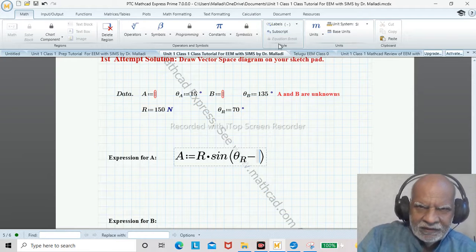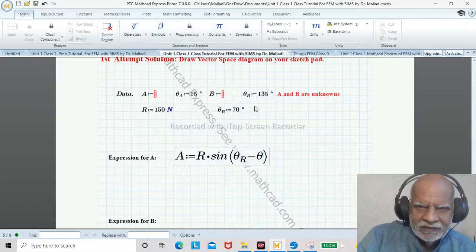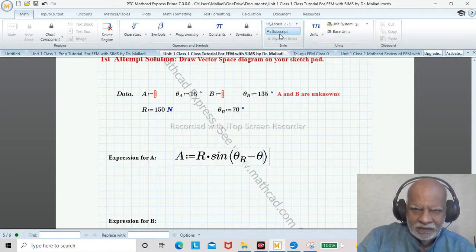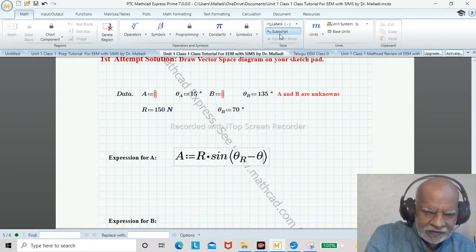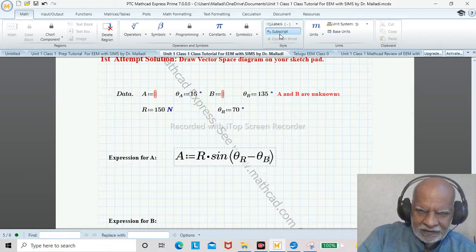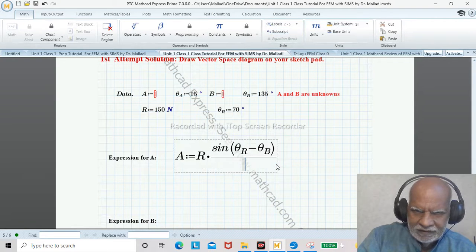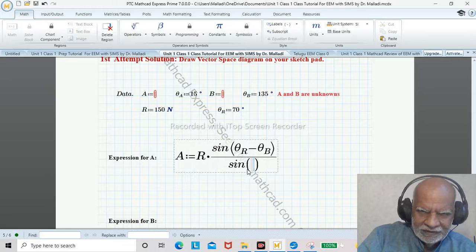And then again theta, I choose theta here, and sub. Say I'm going for A, therefore I have to subtract for B, then come out of this parenthesis, and then divide, then sine, and for this I should put theta A here.